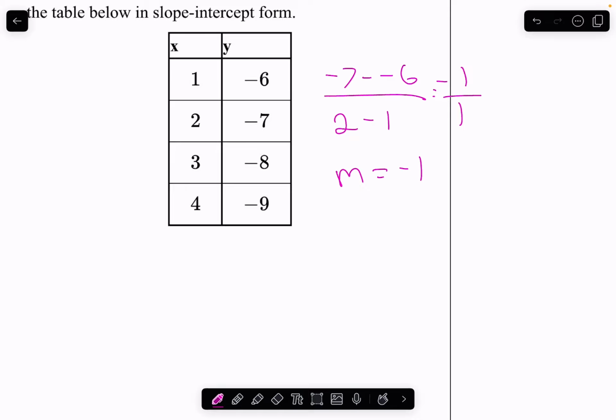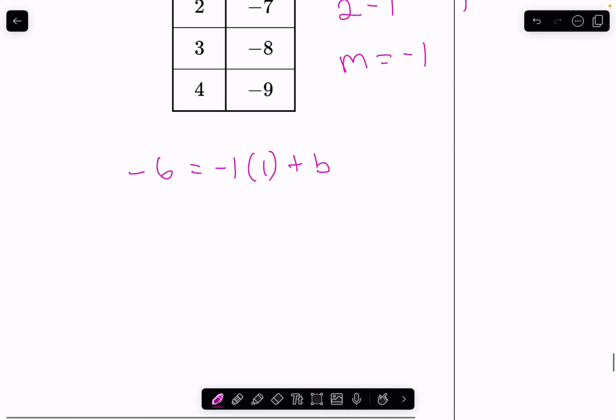Then we'll pick a point to plug in. We'll use this for our x and our y. So we'll say negative 6 equals negative 1 times 1 plus b. We get negative 6 equals negative 1 plus b. We're going to add 1 to both sides.